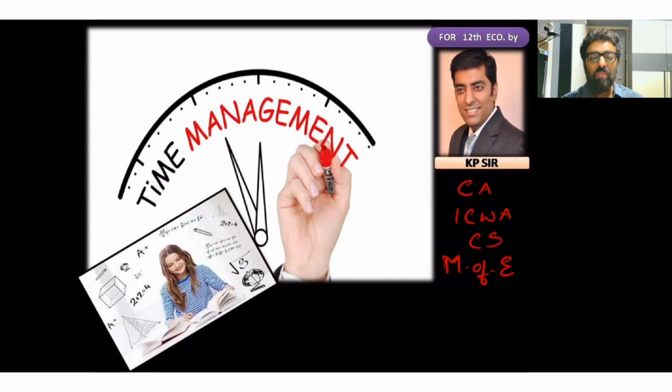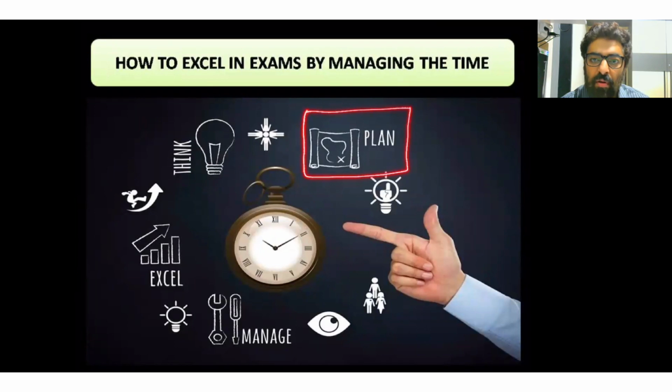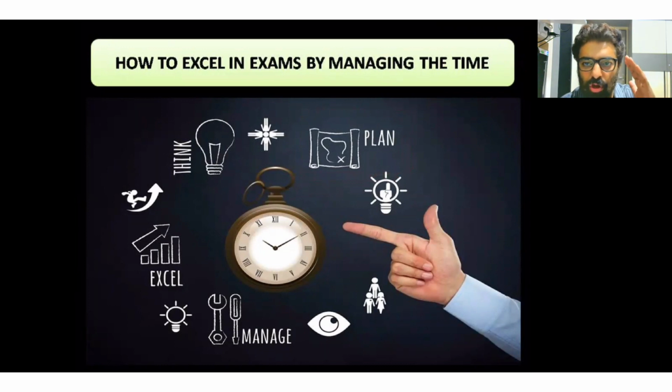Now, talking further, everything depends on your plan, and planning cannot be haphazard. For planning, you have to give a lot of thought. Exams are there, you know you have to attempt them, so you should plan and practice as per your plan.